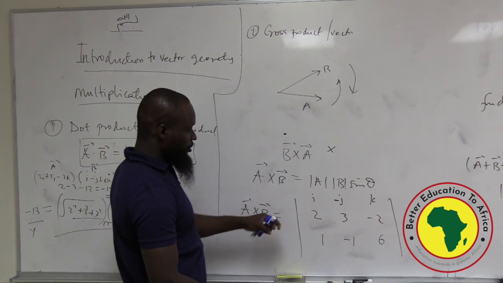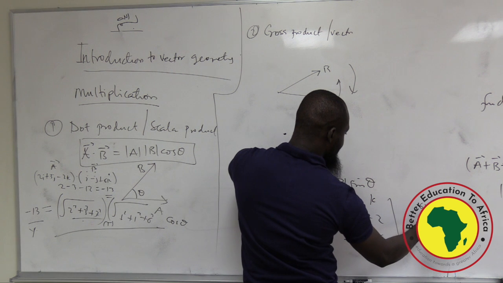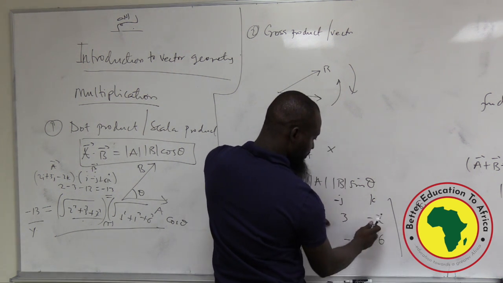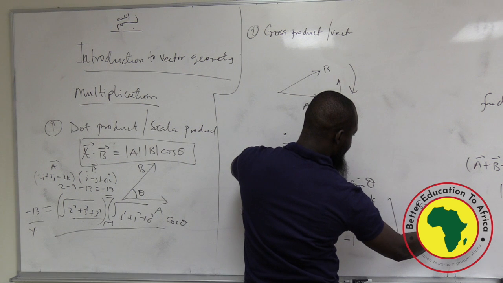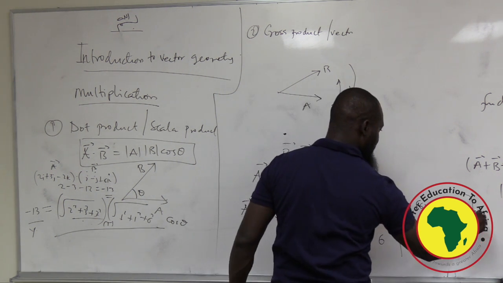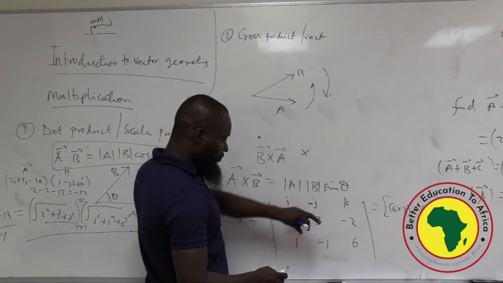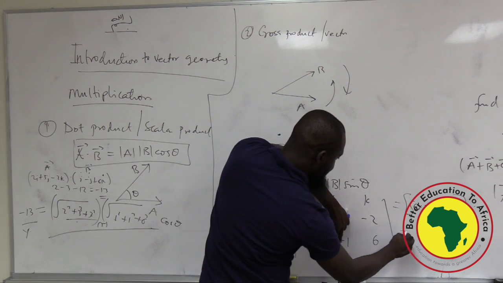So I do a cross product. I cover the i, so I say 6 times 3 minus 2 times minus 1. So this minus that is my i component. So this is still the A cross B. Then for the j component, I close the j and I put a minus sign.